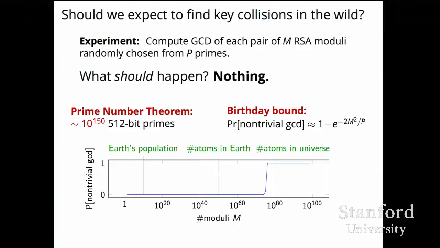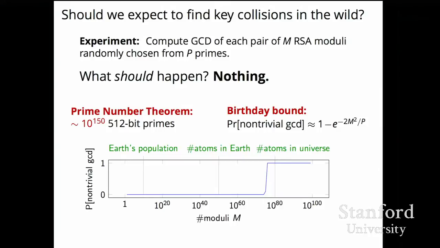The birthday bound tells us that once we have about the square root of the total number of primes, that's exactly when we expect a collision, and it's pretty sharp at that bound.